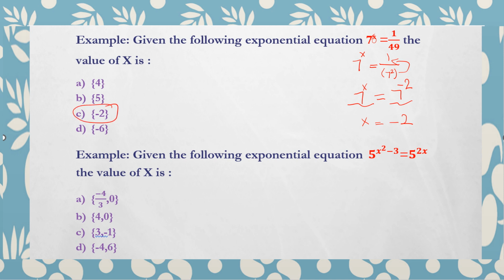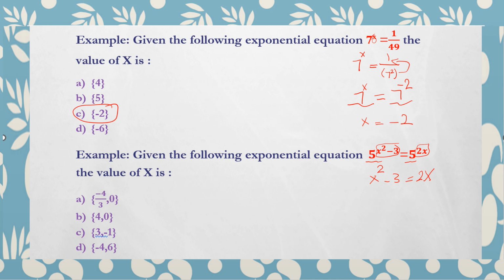Another example: given the following exponential equation, 5 power x squared minus 3 equals 5 power 2x. In this exponential equation, we have the same base, 5 and 5, so the exponents are equal. So x squared minus 3 equals 2x.